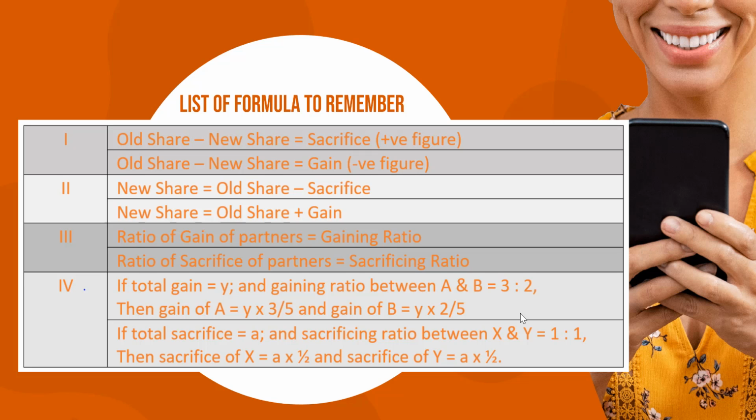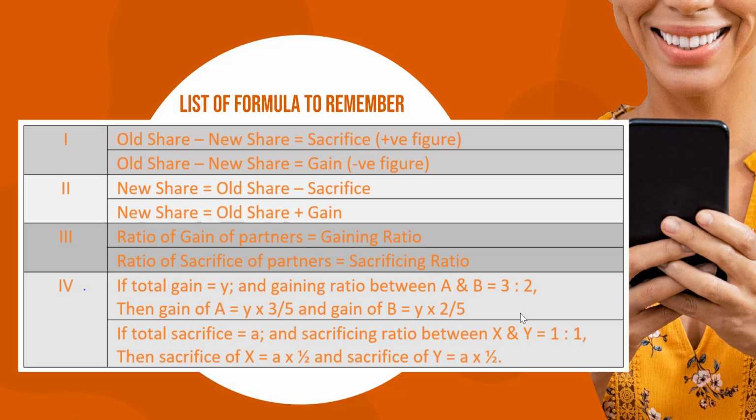The third set, when we put the gain of the partners together in the form of a ratio, we get the gaining ratio, and when we put the sacrifice of the partners together in the form of a ratio, we get the sacrificing ratio. The fourth set, let's say the total gain is Y and the gaining ratio between two partners A and B is 3:2.